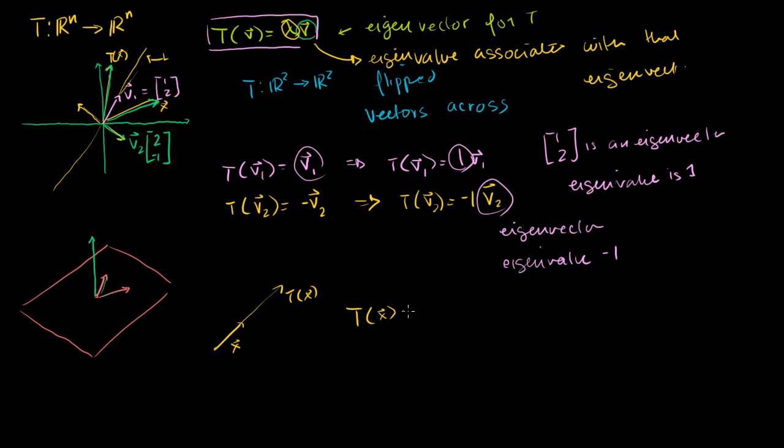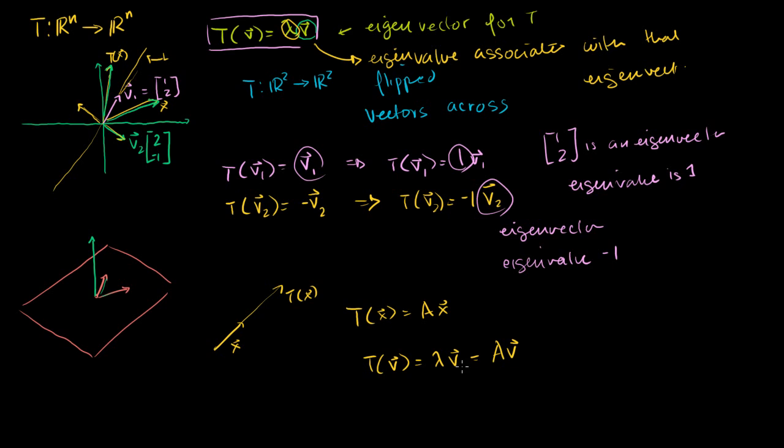If this transformation can be represented as a matrix vector product, and it should be, it's a linear transformation, then any v that satisfies the transformation of v is equal to lambda v, which would also be, the transformation of v would just be A times v. These are also called eigenvectors of A, because A is really the matrix representation of the transformation.